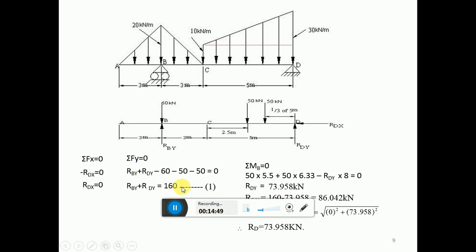Now find out the moment. You know what is R dx, you do not know what is R by and R dy.